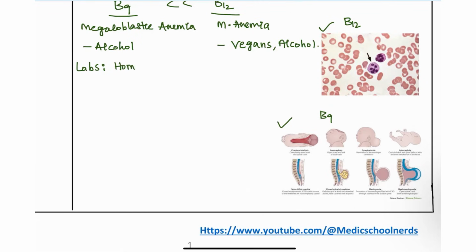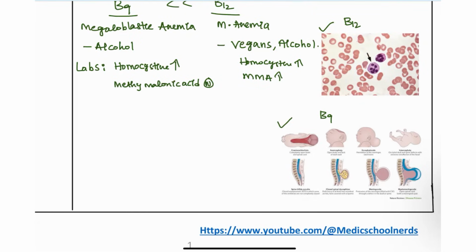And when you do the labs for this patient, what happens? In the pathway involving B9 and B12, homocysteine will be elevated. The other one we are going to check is methylmalonic acid. Methylmalonic acid is normal in B9, whereas in a patient with B12 deficiency, both homocysteine and methylmalonic acid are elevated.